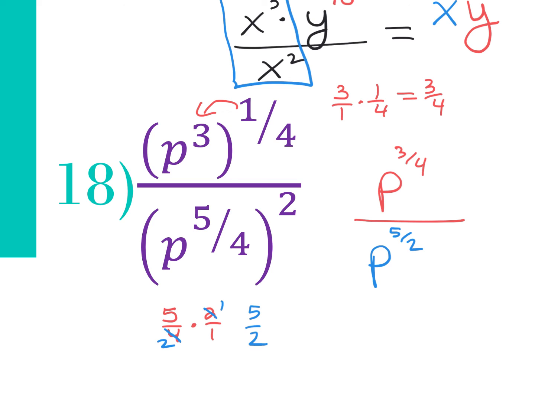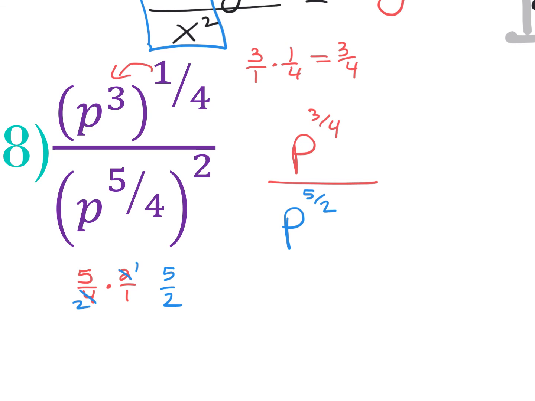And now remember, once we do this, we need to subtract. Now, in this case, it would have probably been better if I didn't simplify, because now I still got to go back and find a common denominator. Does that make sense? So now that I've got this, I'm really doing p to the 3 over 4 minus 5 over 2 power.